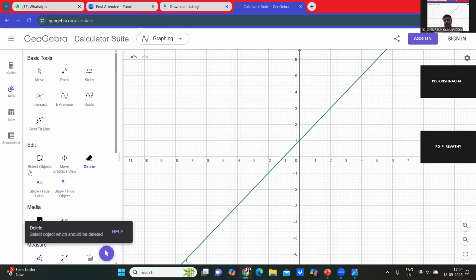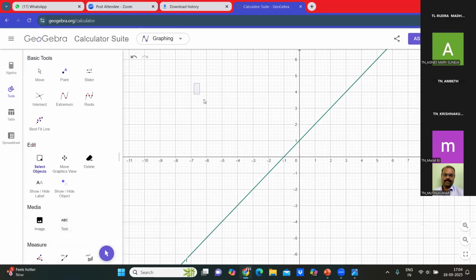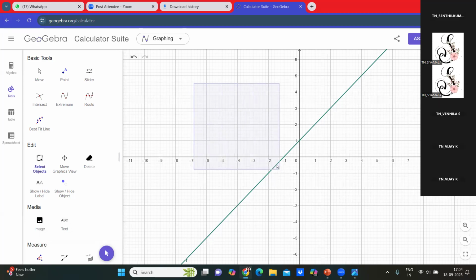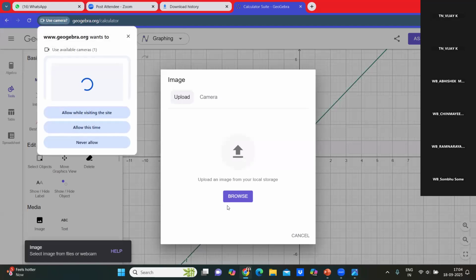If we want to select objects, click select objects and click here. Images can also be uploaded on the browse, and images can also be uploaded here.